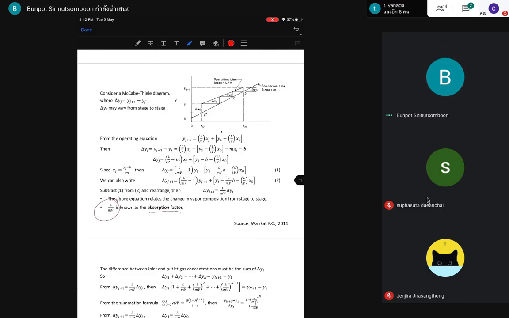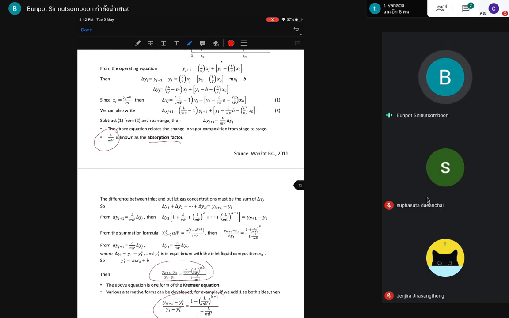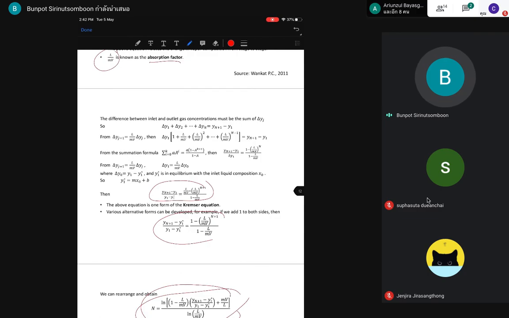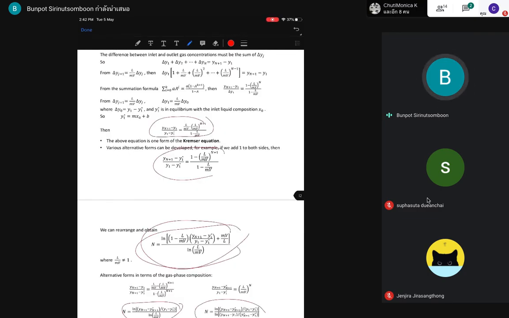And the Kremser equations only give you the overall information. In the McCabe-Thiele graphical technique, when you draw the lines, you can see the compositions in the stages between top and bottom.